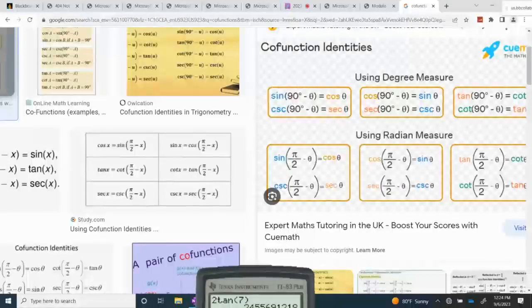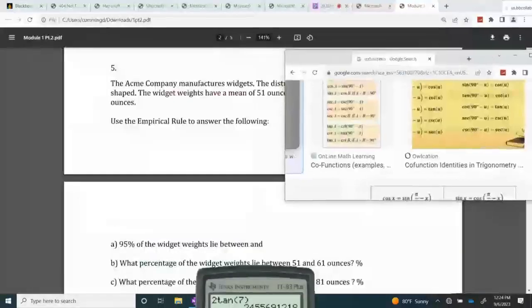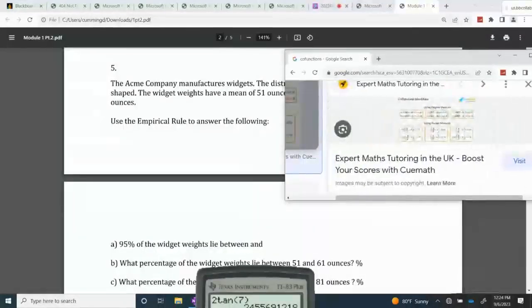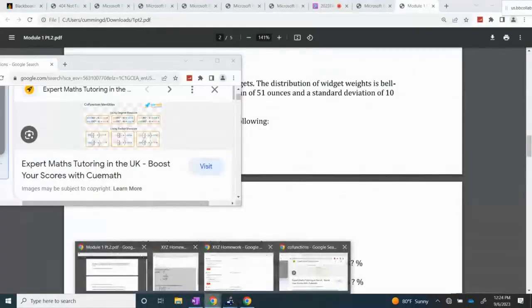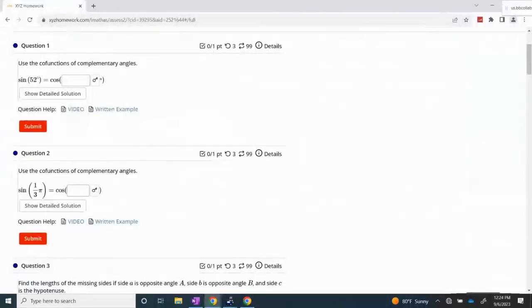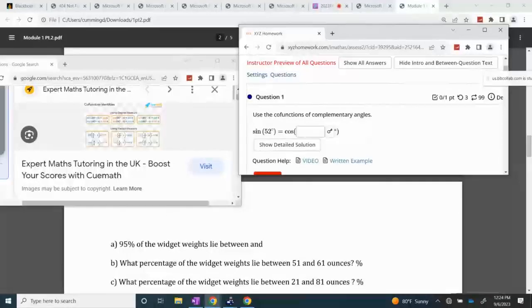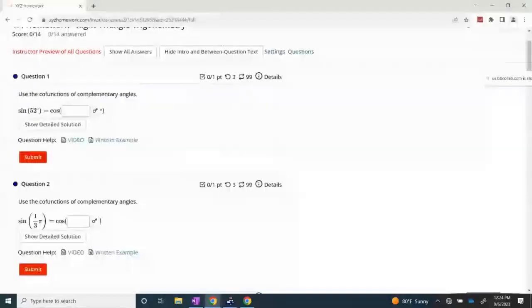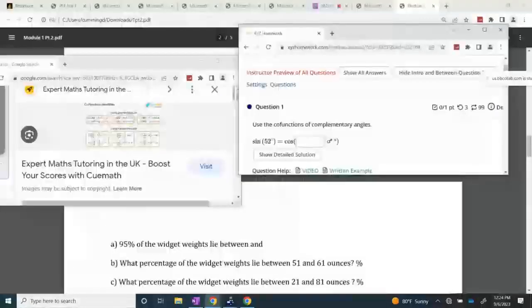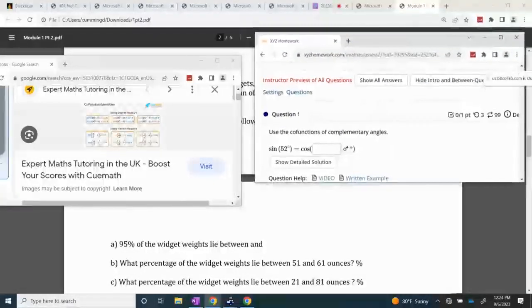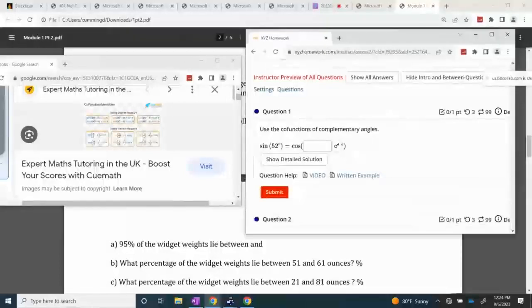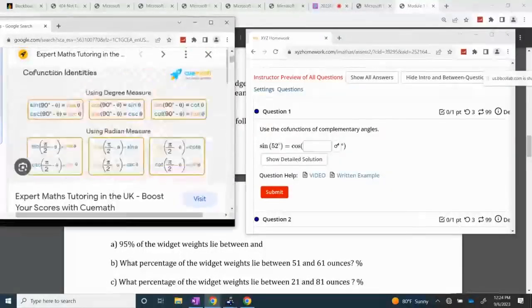So let's just see how they work. Okay, I was trying to put these things side by side, but okay.